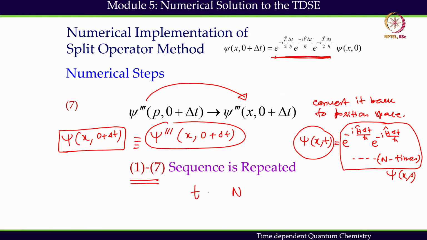Because t, the value where I would like to reach, is going to be n delta t plus t initial, and t initial we have taken to be 0. So, it is nothing but delta t multiplied by n.